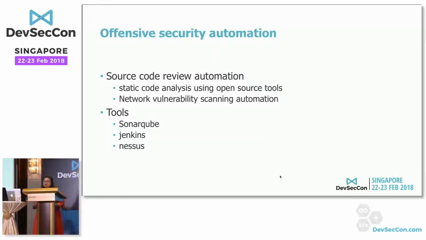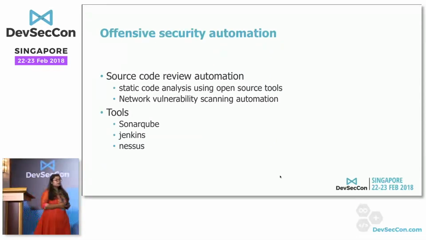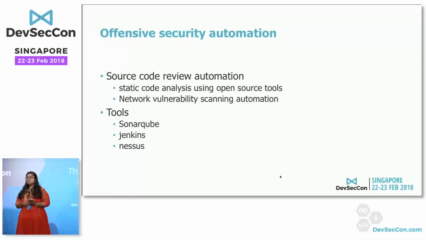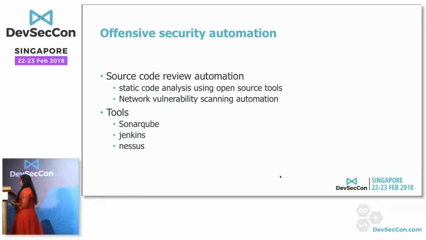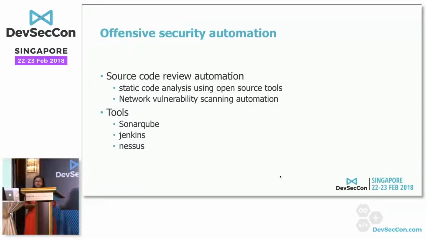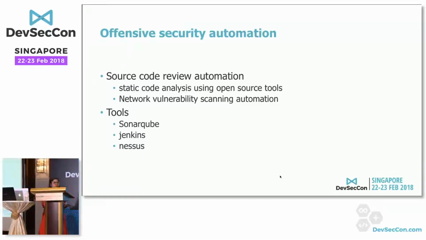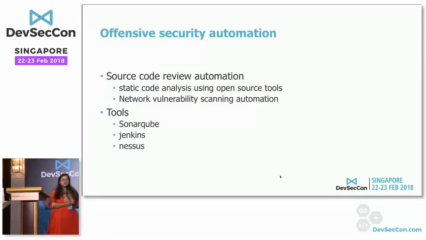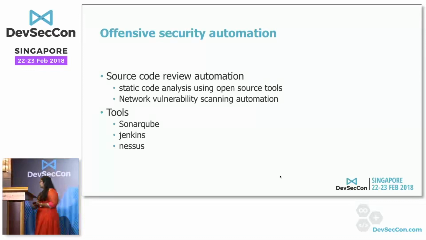Whenever any developer pushes anything into Git, it automatically gets scanned, and the report is directly fetched, so that before going to production, it tells the developer what the loopholes, the security flaws, the memory utilization, and the code quality are. Based upon that, it grades the code from A to E.